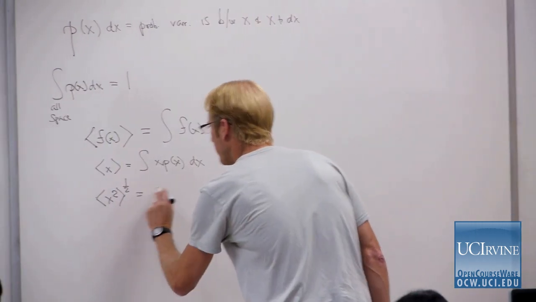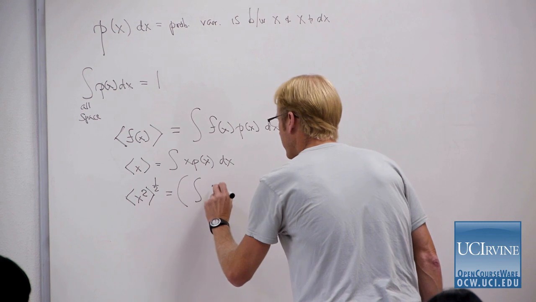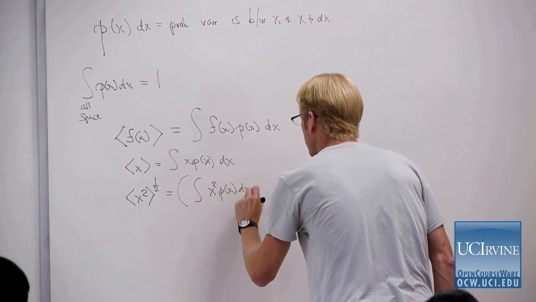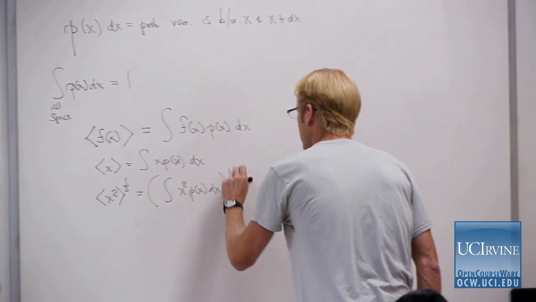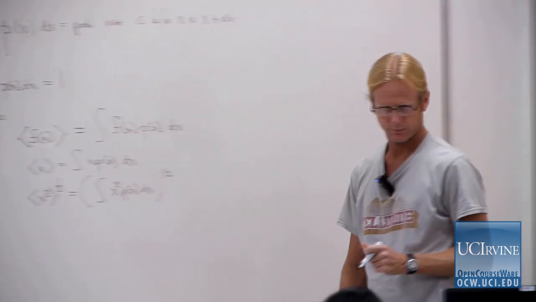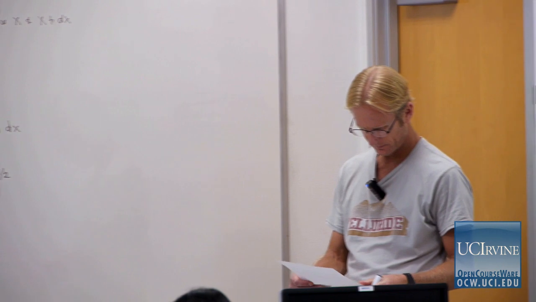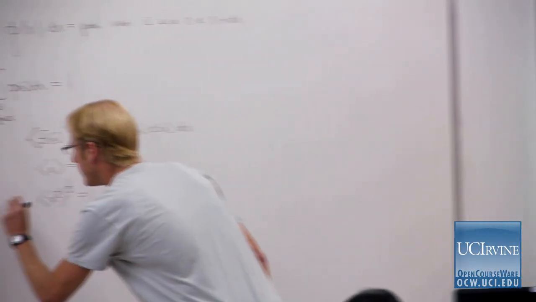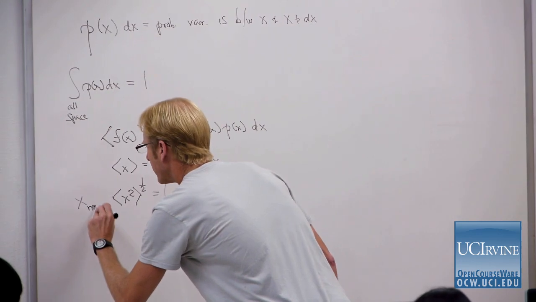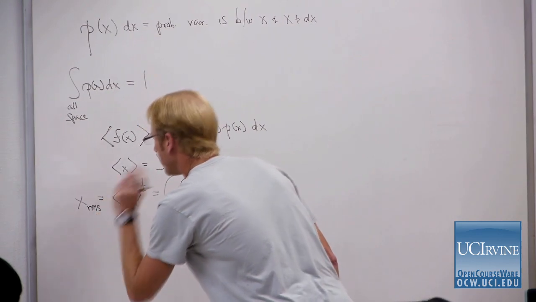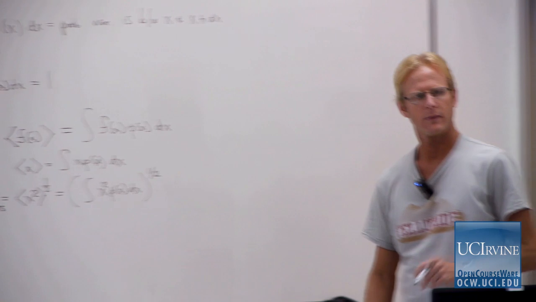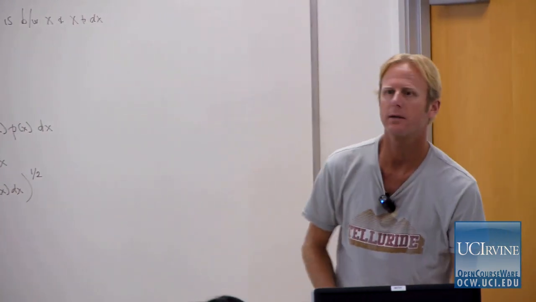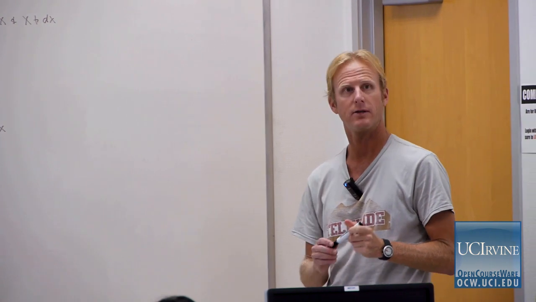That would be the integral of x squared P of x dx, square root. Okay? So this is what we might call x RMS.